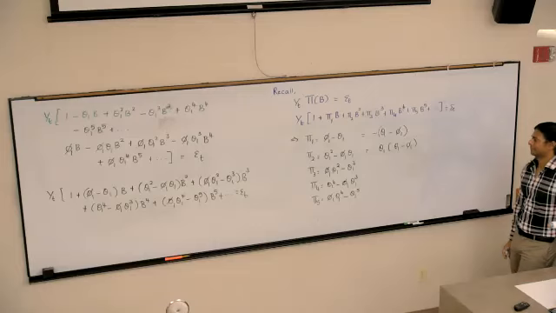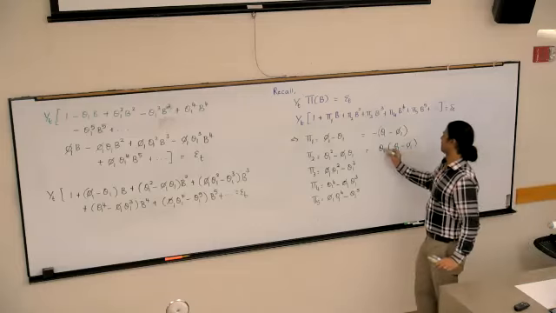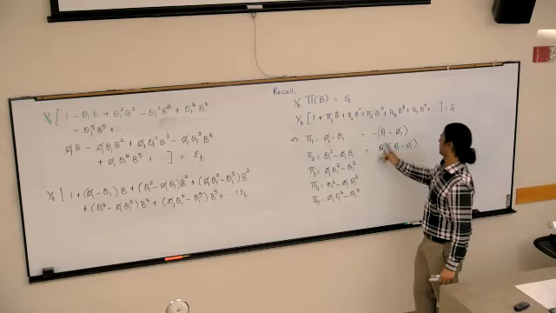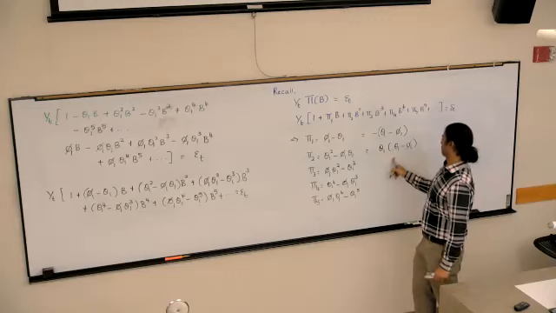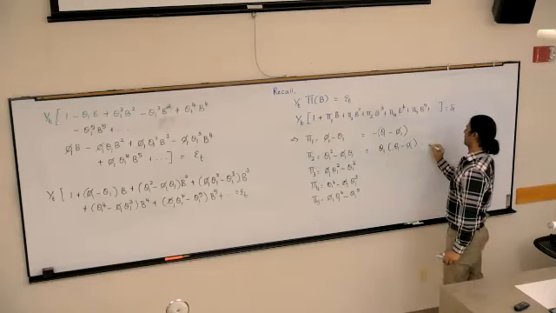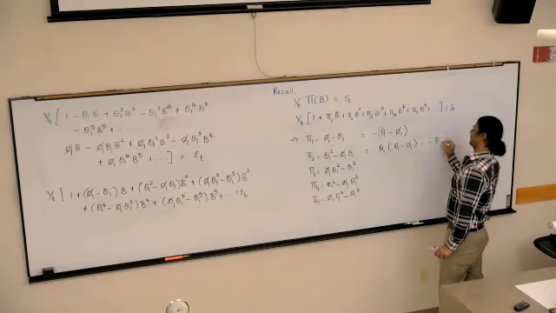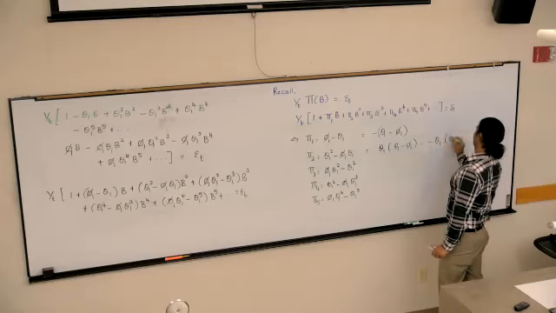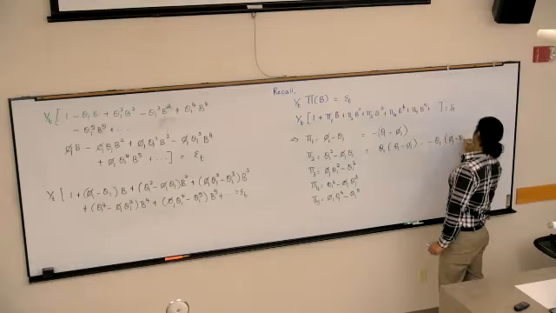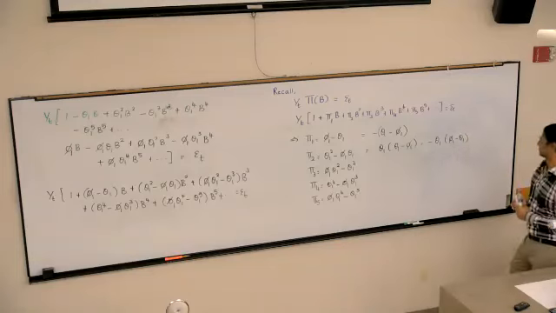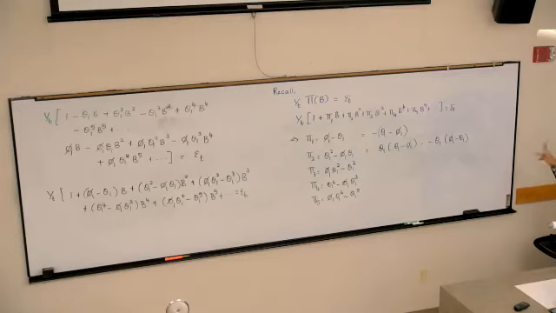Like magic. Let's see, that's minus. I want this to be plus, so pull a negative out. I will have minus theta 1 times phi 1 minus theta 1.